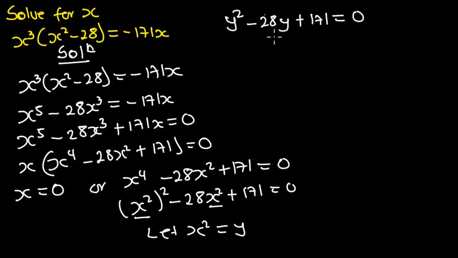Now from here we are going to manipulate negative 28y in a way that we are going to find two numbers that when we multiply we are going to get 171, and then when we add we are going to have negative 28. And so we are going to pick negative 9 and then negative 19. So with these two numbers, when we multiply negative 9 by negative 19, we are going to have 171.